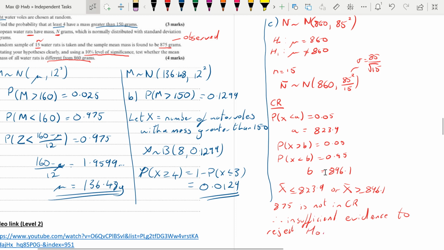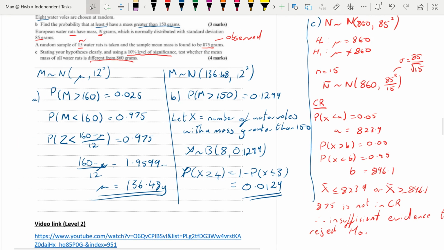Then you need something in context as well. In terms of context, let's think about what the question says. It's going to be insufficient evidence, and again I'm going to steal the wording of the question: test whether the mean mass of water rats is different from 860.